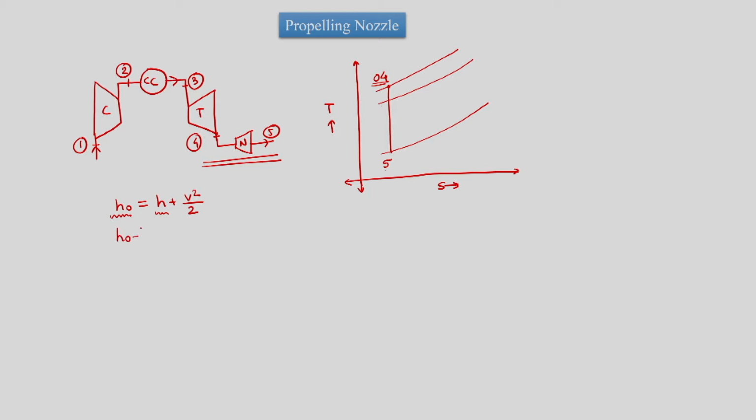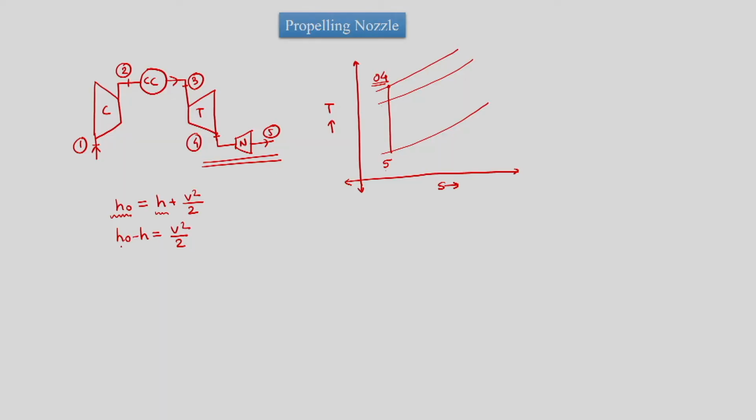So H naught minus H is the kinetic energy which is available at the outlet, under the assumption that the entry kinetic energy is negligible. So we are moving from H naught to H. Practically H naught 4 minus H5 is equal to V5 square by 2, and in our language it is Cj square by 2.